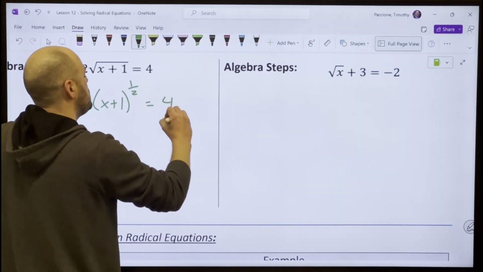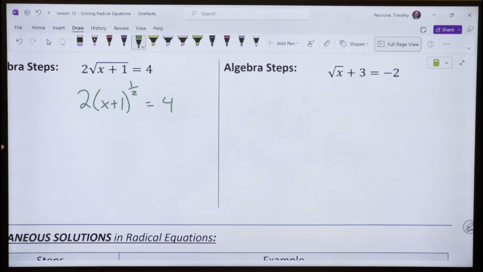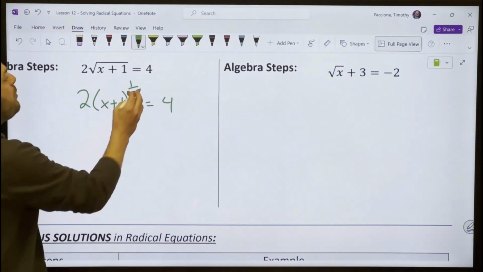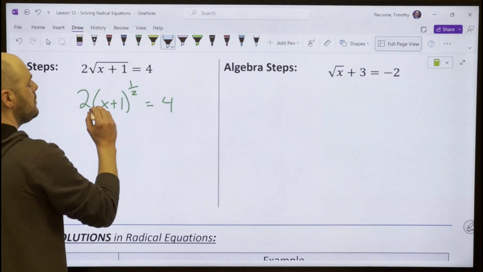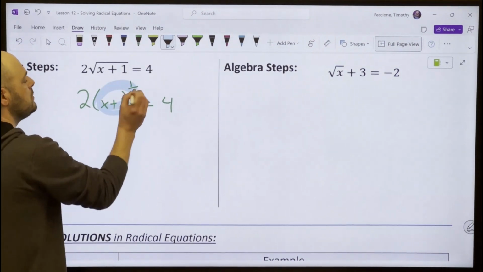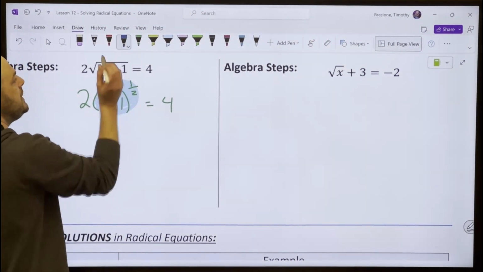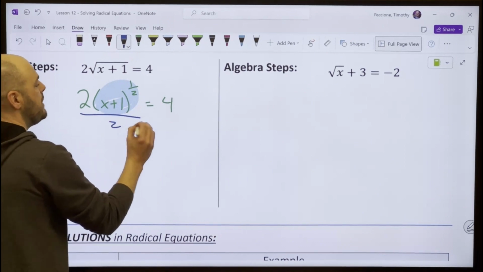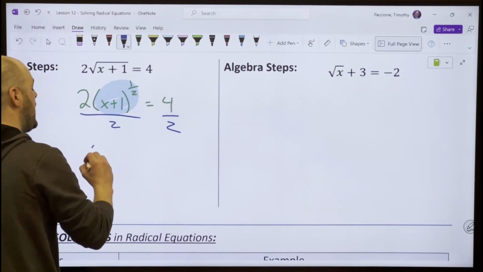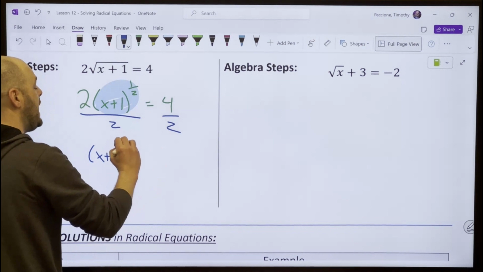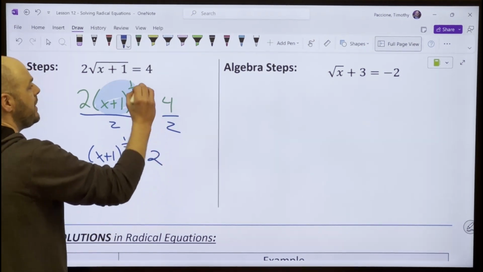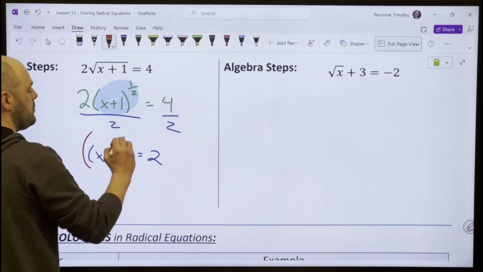And you don't have to do it this way, but we're very familiar with this. Now we isolate the power, the thing being raised. So I need to divide by 2, divide by 2. I get (x plus 1) to the 1/2 equals 2. How do I get rid of a 1/2? Square it.